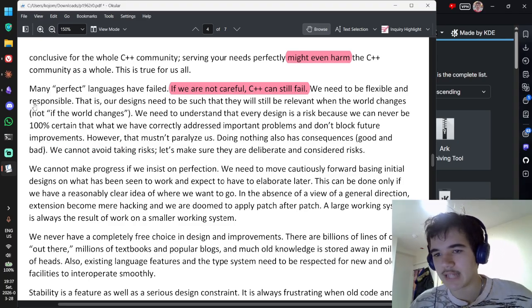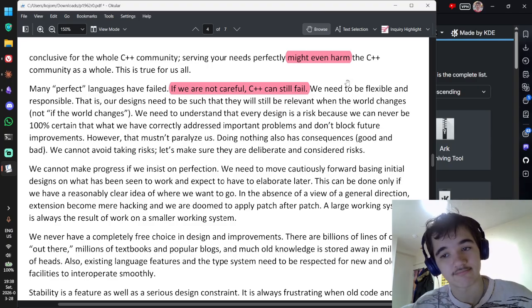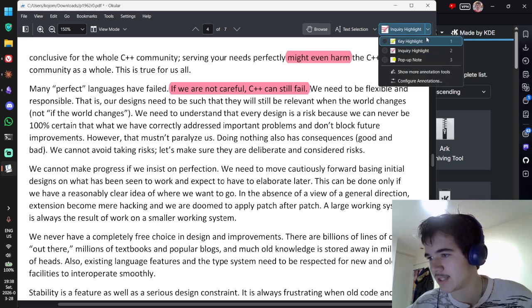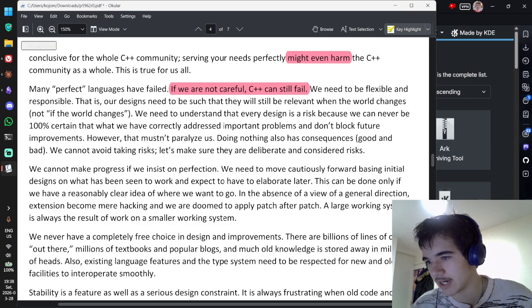We still need to be flexible and responsible. That is, our designs need to be such that they will still be relevant when the world changes, not if the world changes. Nice. We need to understand that every design is a risk because we can never be 100%. Okay, actually, no, this is a really good keynote.